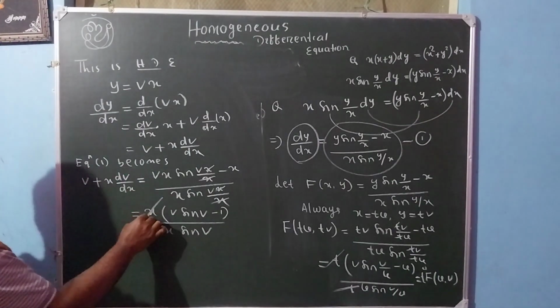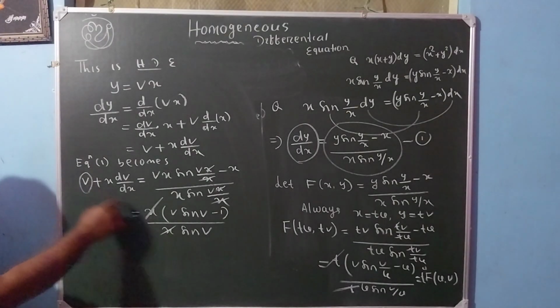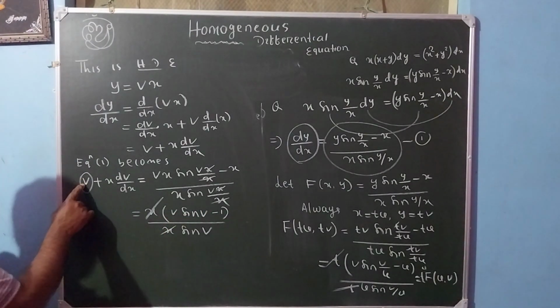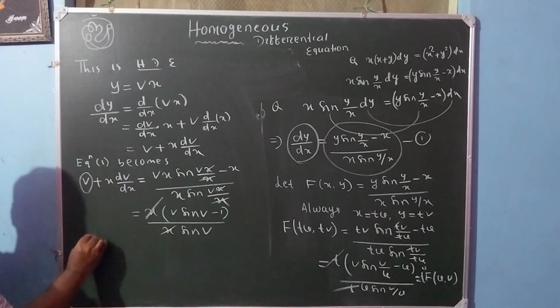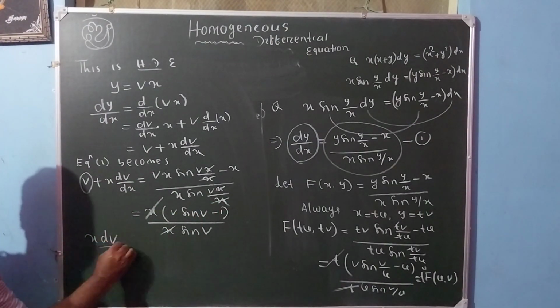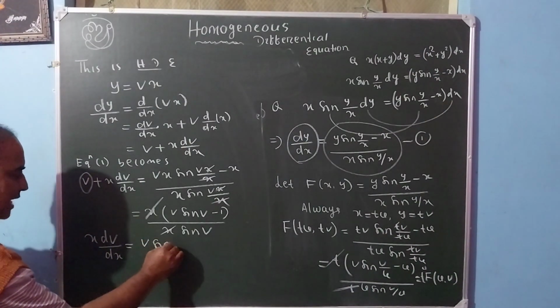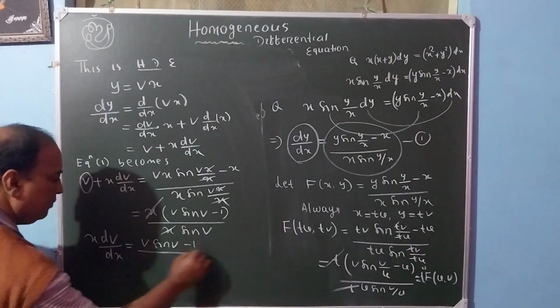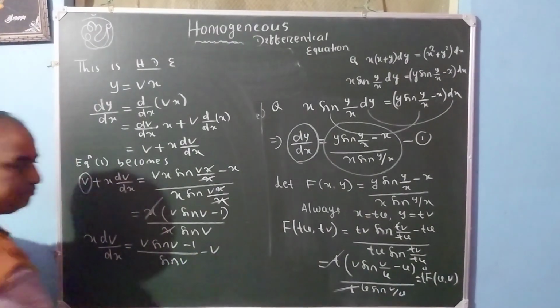So this x cancels with this x. Now v comes to this side; when it goes to that side, it will be minus. So we get x dv by dx is equal to v sin v minus 1 by sin v minus v.